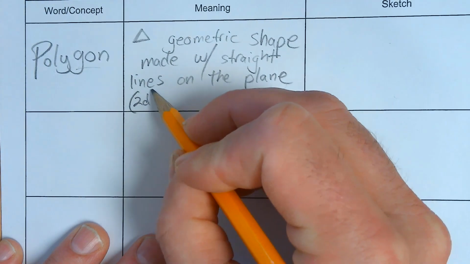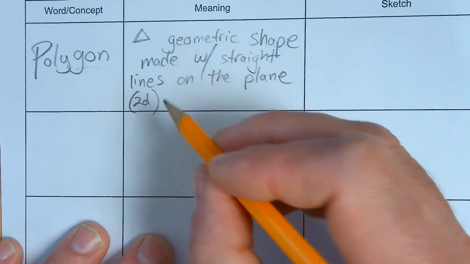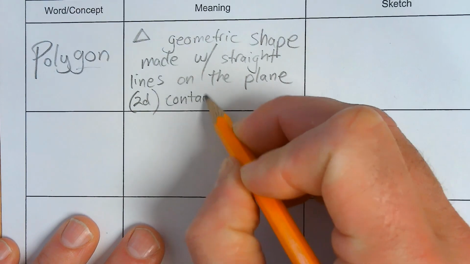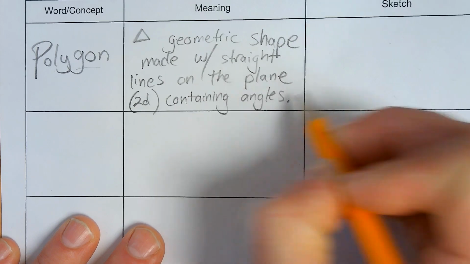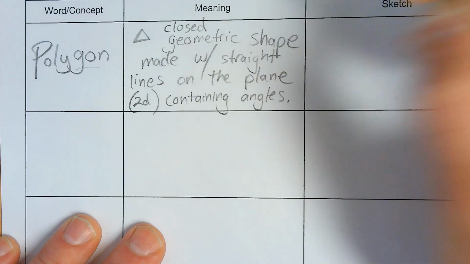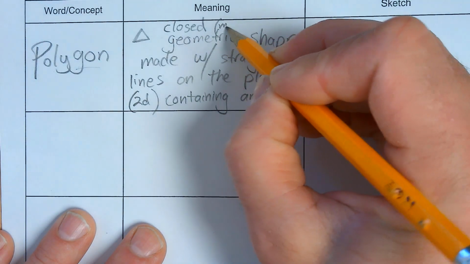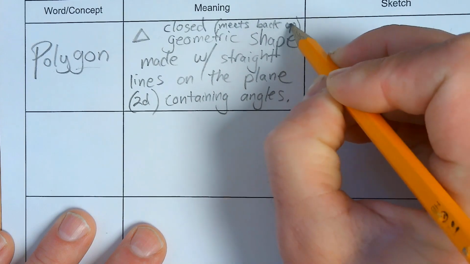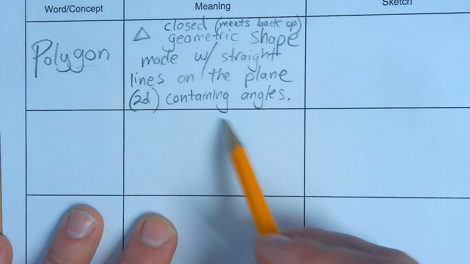So it's a geometric shape made with straight lines on the plane containing angles. And I forgot one word, closed, which means it meets back up with itself. It's not an open shape. It's a closed geometric shape made with straight lines on the plane containing angles.